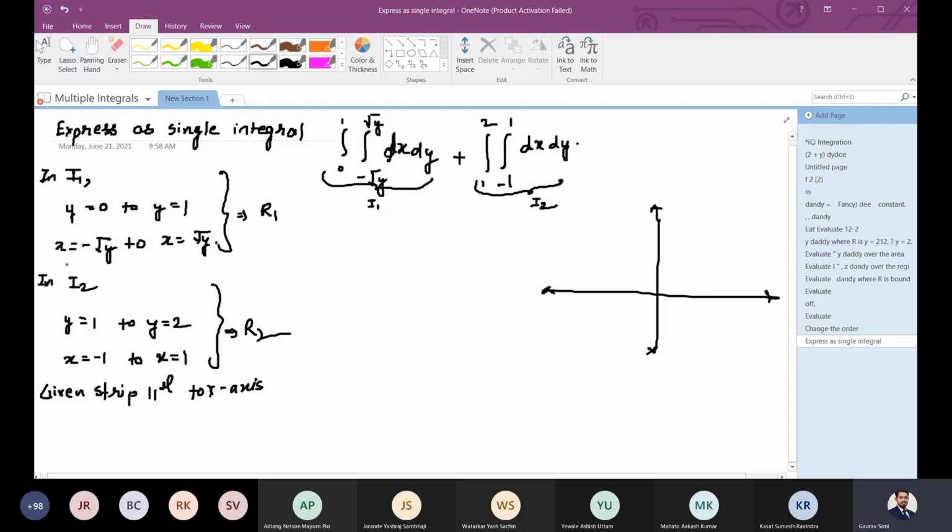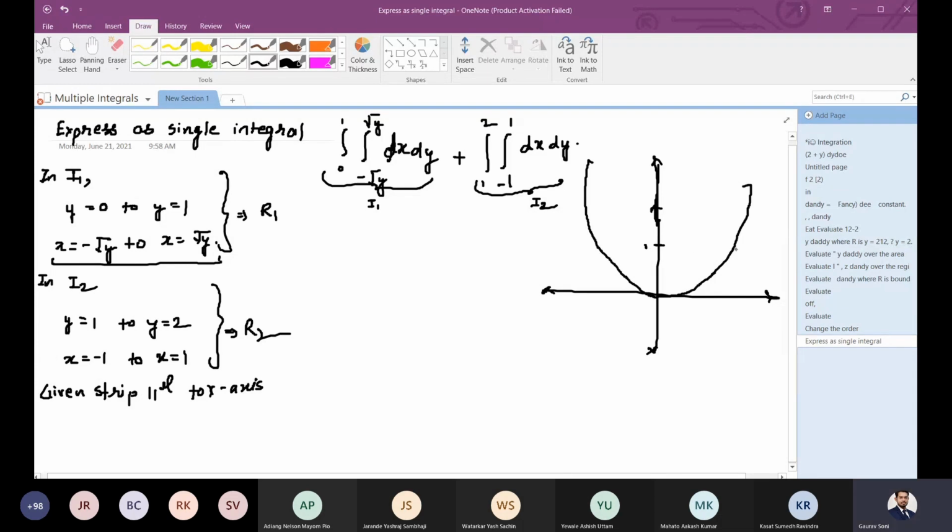So combining these two equations, what we have is y equal to x square actually. So y equal to x square is a parabola like this. So I'll mark 2 points. On the given strip parallel to x-axis, it's a horizontal strip, y is from 0 to y equal to 1. So say this is y equal to 1.